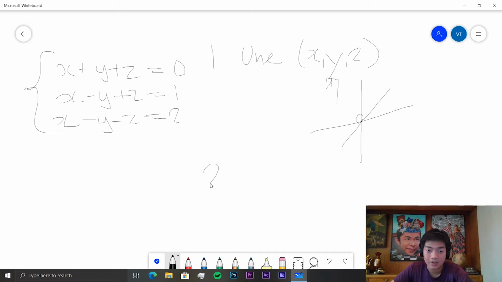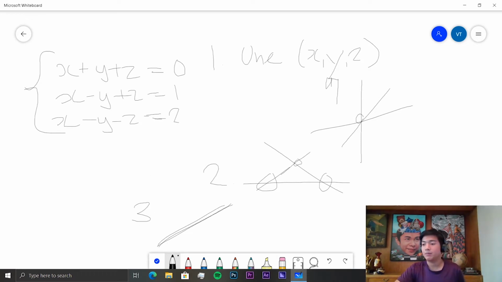The second outcome is that there are no triplets that satisfy all equations, so this just means that all three lines don't intersect at a point. They can intersect at three different points, but all three lines must not intersect at one point. And so, finally, there can be infinitely many triplets, and that's again if all three lines are like the same line. So yeah, that's pretty much it.